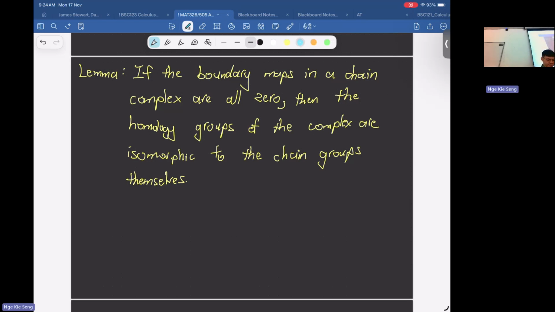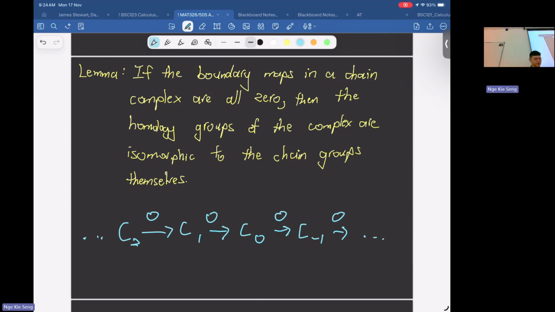If you write it up, C0, C1, C minus 1, and so on, and then the map is 0. So what's the kernel of a 0 map? The chain group itself. And what's the image of the 0 map? 0. So you take the chain group mod out by 0, so this is the chain group itself. Okay, so this is a very nice chain complex. The chain complex will reflect its homology group.